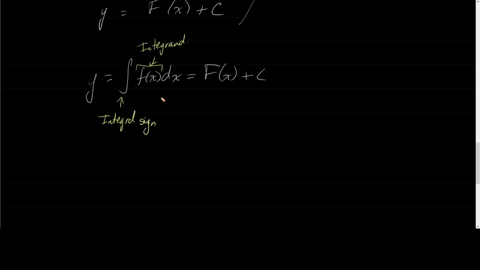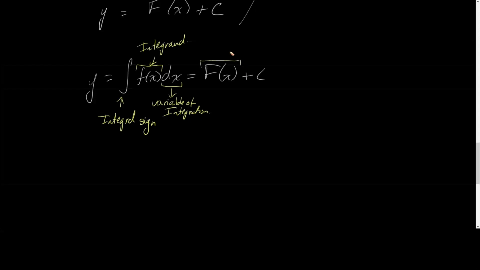This right here tells us the variable of integration. And here, this is an antiderivative of f. That's just antiderivative. Let's try writing that again. Antiderivative. This c is our constant of integration.